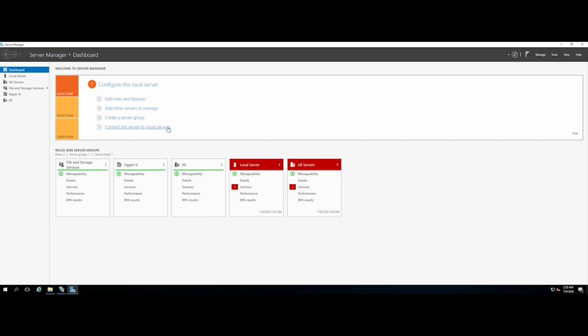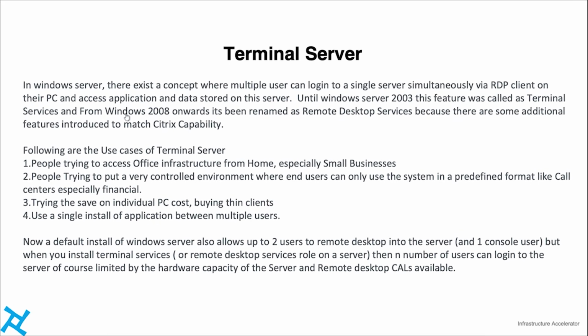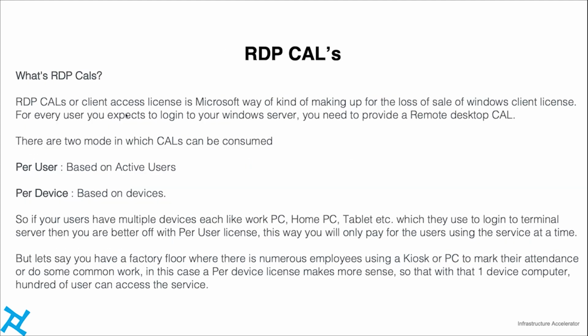So what it does is they ask you to buy a CAL, that is a client access license, in order to access the number of users. So if you want 10 users to access your remote desktop server, that means technically you are saving the cost of 10 Windows clients. So they take away that client cost in the form of RDP CALs. RDP CALs or client access licenses are Microsoft's way of making up for that loss of sale of Windows client licenses.